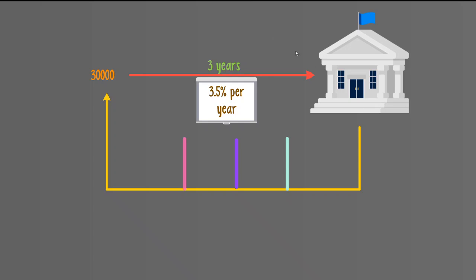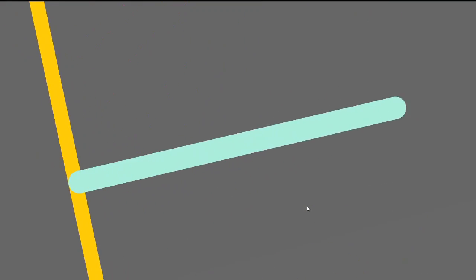So remember, you start with 30,000 which you put in the bank. So in your bank account there is in the beginning 30,000 rupees. Now in the first year your interest will be 3.5% of 30,000, that is 3.5% into 30,000, which is 1,050 rupees.